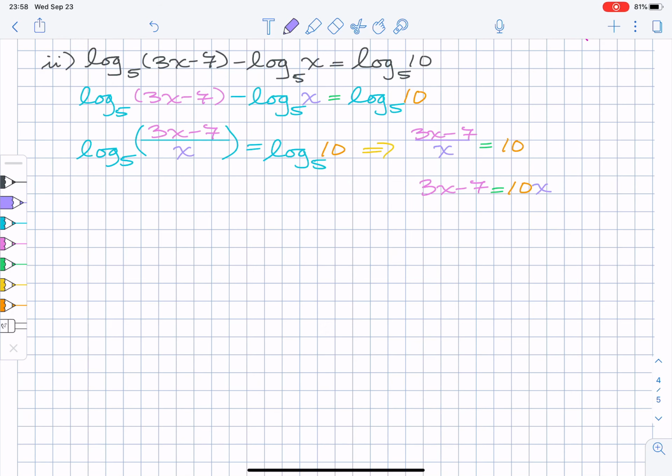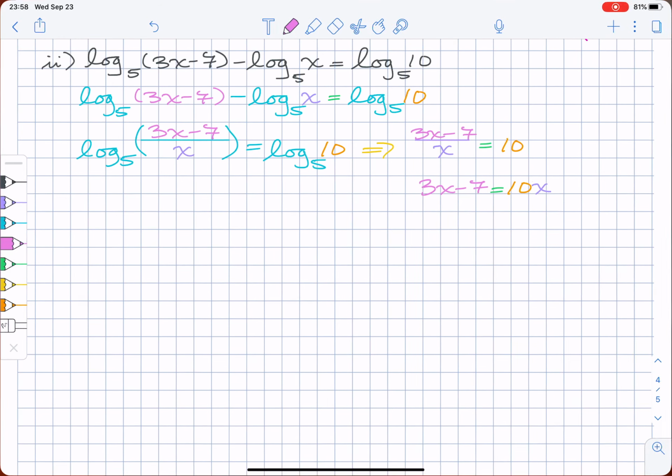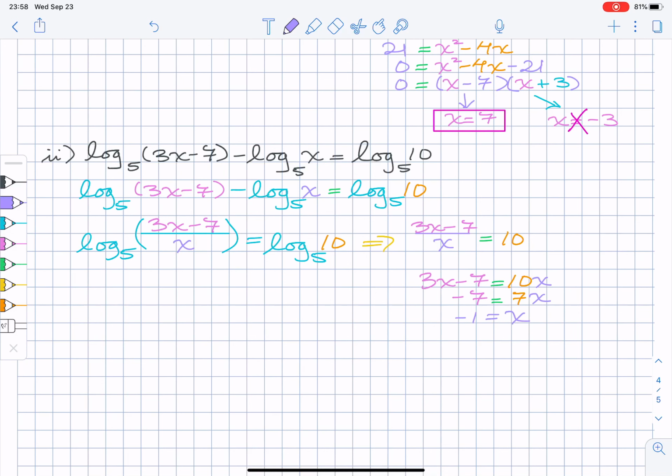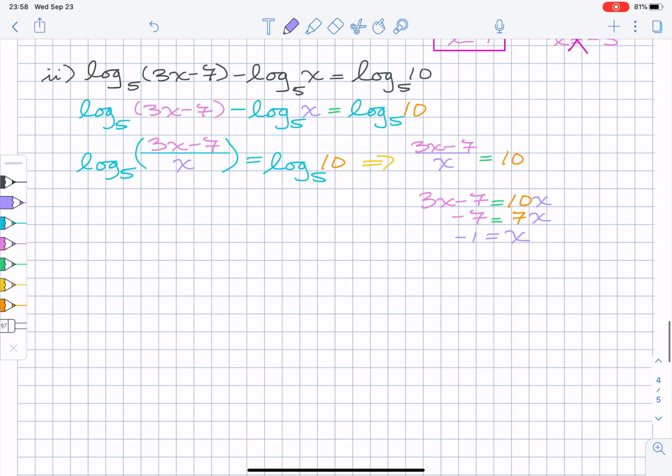And let's subtract 3x from both sides, so I get that minus 7 is equal to 7x. And then I'll divide both sides by 7, so I get that negative 1 is equal to x. Now, what's the problem? The domain of a logarithm is necessarily positive. So guess what? This equation has no solution. There's no values of x that satisfy this equation.